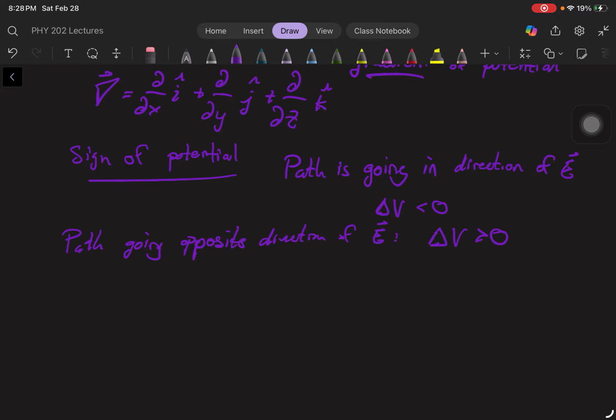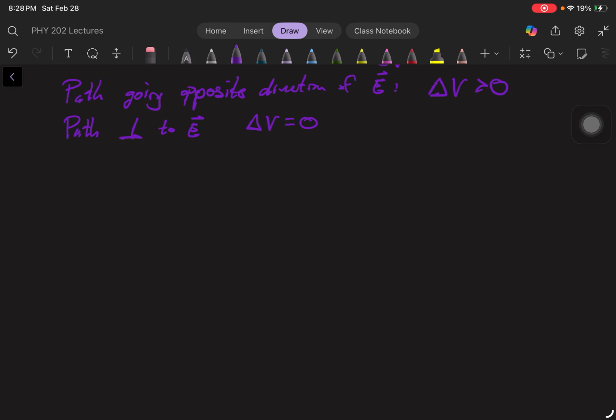And then if the path is perpendicular to E, then we just get delta V is equal to 0. And so just a quick little notational thing.